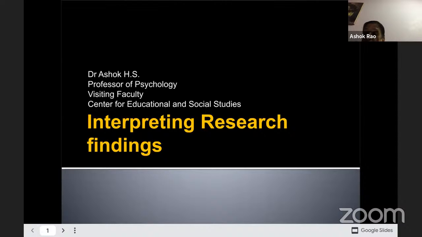But you should know that no statistics will go against common sense. You would have done a statistical analysis and found a particular result, but before you start interpreting, use your common sense. And what does your common sense say? If your common sense says that your finding is wrong, then think twice, or go back to your data and think whether your statistical analysis is correct, and where you have gone wrong.